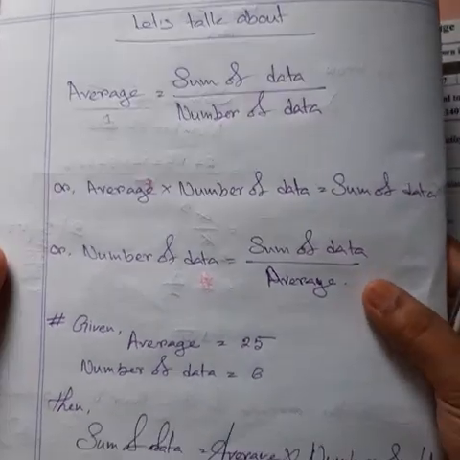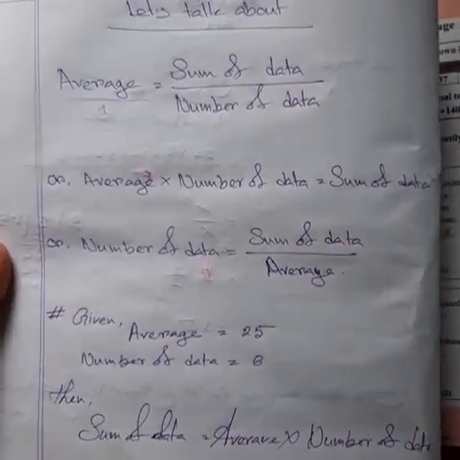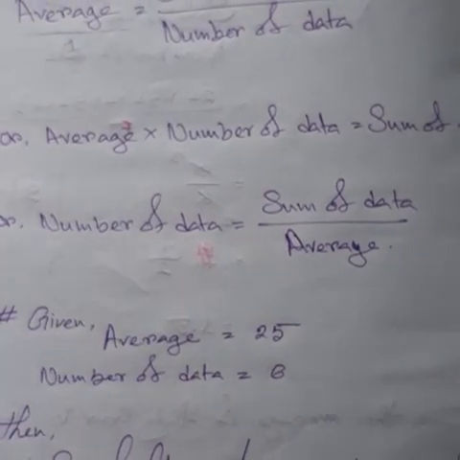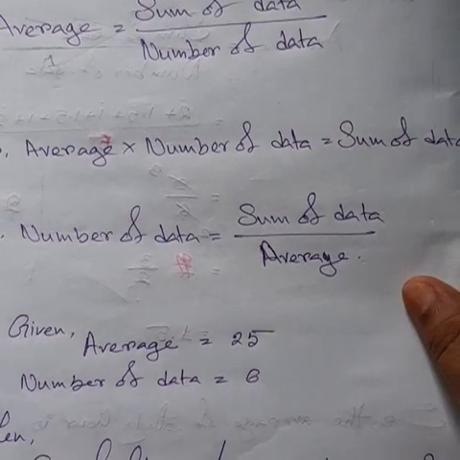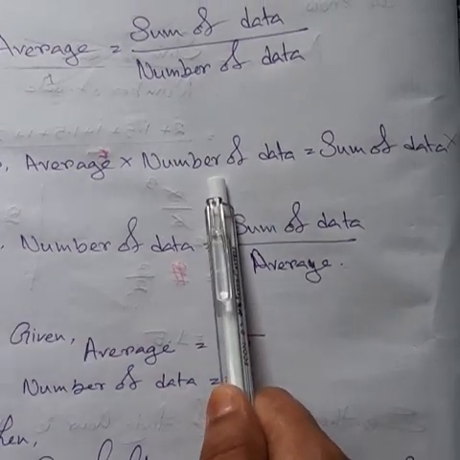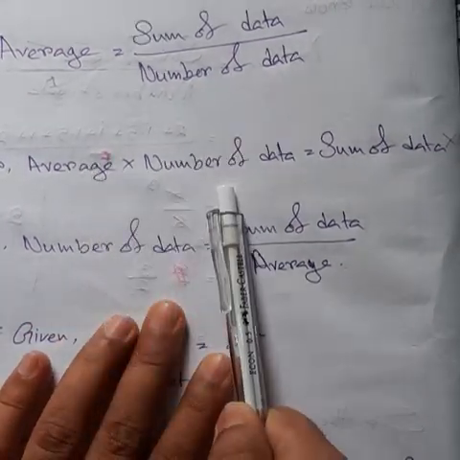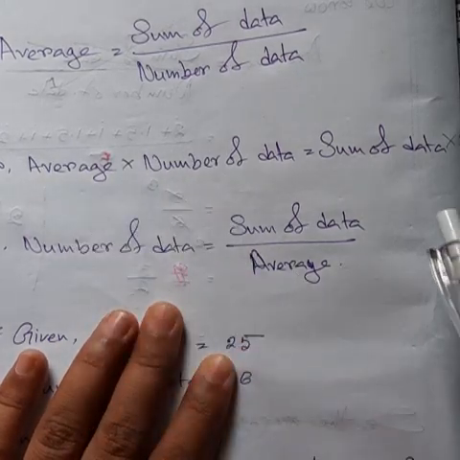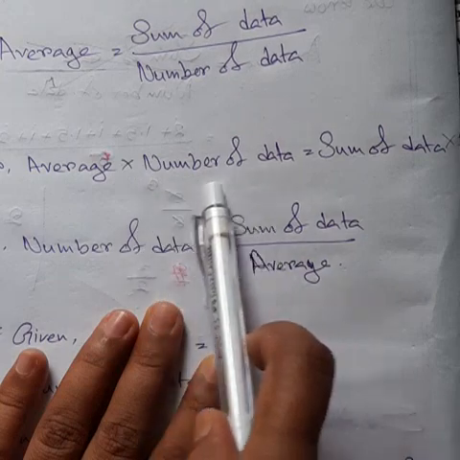Okay, so as we see, 1 goes over there. Let's zoom in actually. Now what we can do is we can also put that number of data over here and keep that number of data over here and take average on the other side. It is already in multiplication condition.